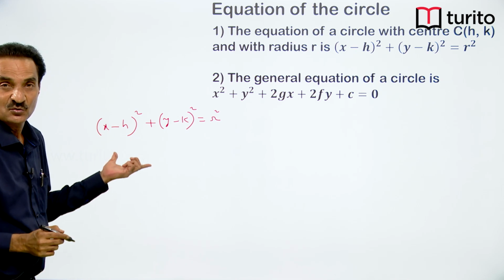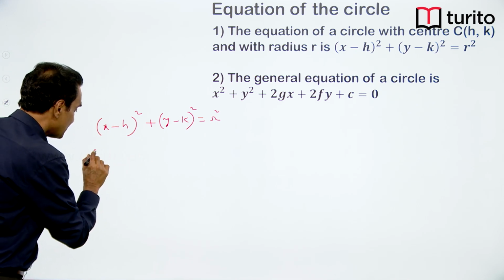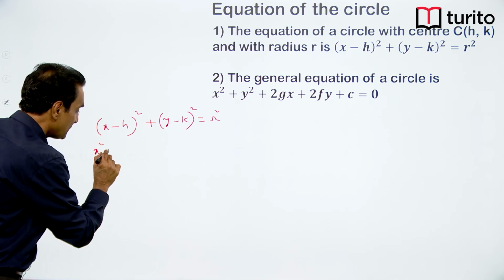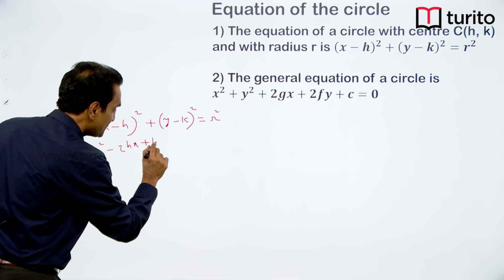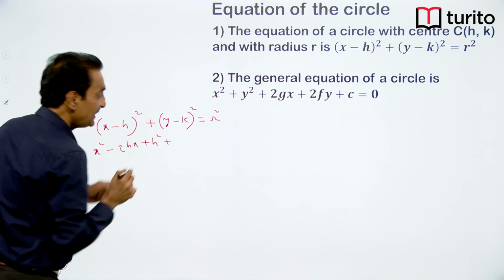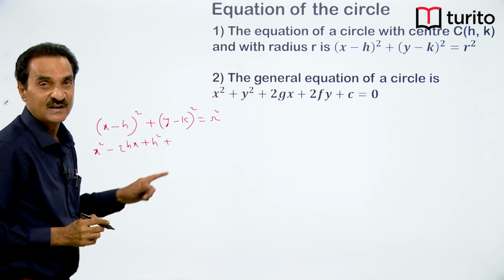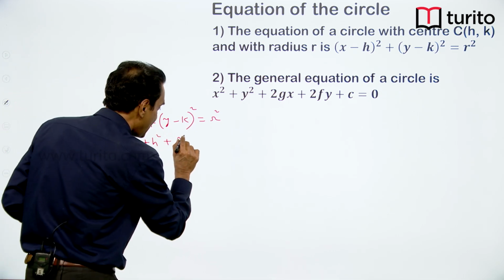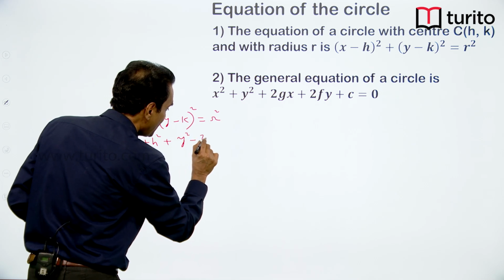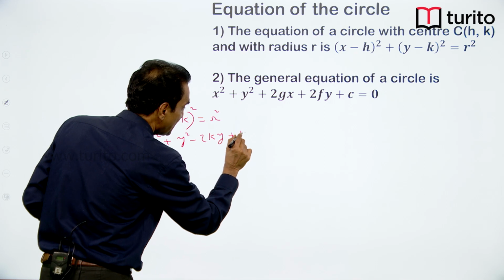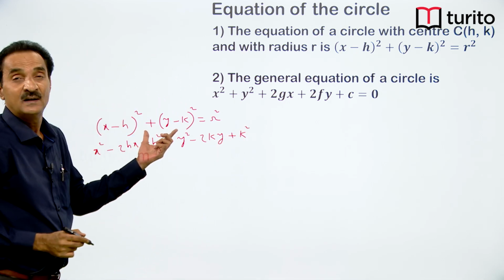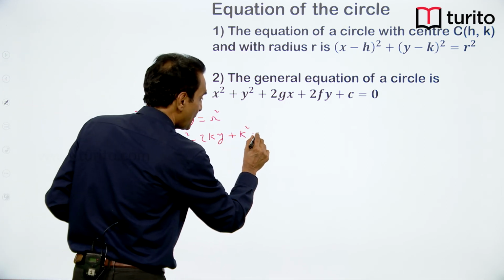Now, if you expand the two squares, this is x square minus 2hx plus h square, and the expansion of (y minus k) whole square is y square minus 2ky plus k square is equal to R square.